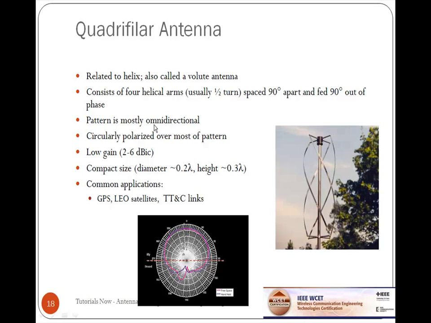The antenna pattern for the quadrifilar antenna is mostly omnidirectional, as shown here, and it's circularly polarized over most of the pattern, but it has low gain, typically 2 to 6 dBic, but it has compact size with a diameter of typically 0.2 of lambda and a height of about 0.3 of lambda. So their common applications are in the GPS, LEO satellite, and TT&C links, TT&C being the telemetry and command and controls.